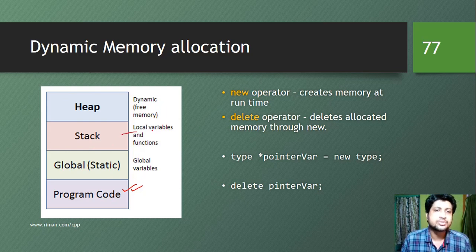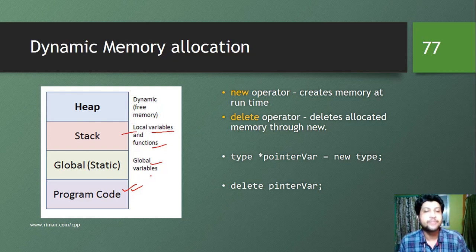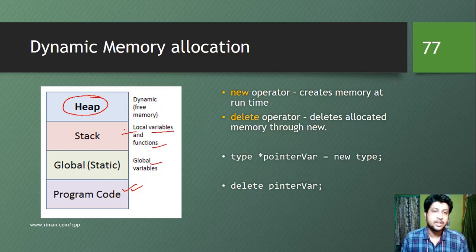A stack is used to place all the local variables and the functions that are defined in that program. And a global area is used to define the global variables as well as the static variables. And we have this particular heap. In case of dynamic memory allocation, this heap is basically used.